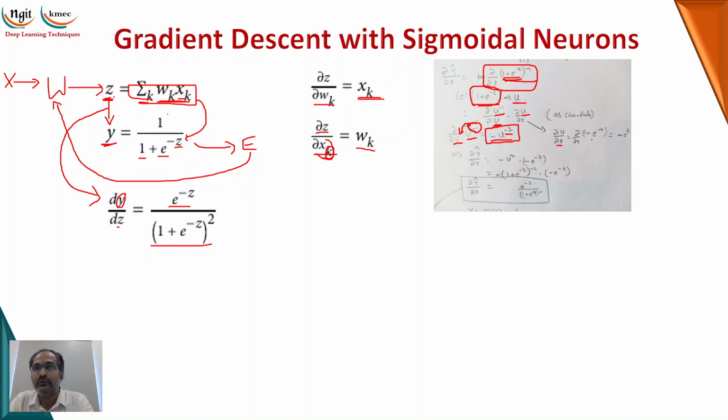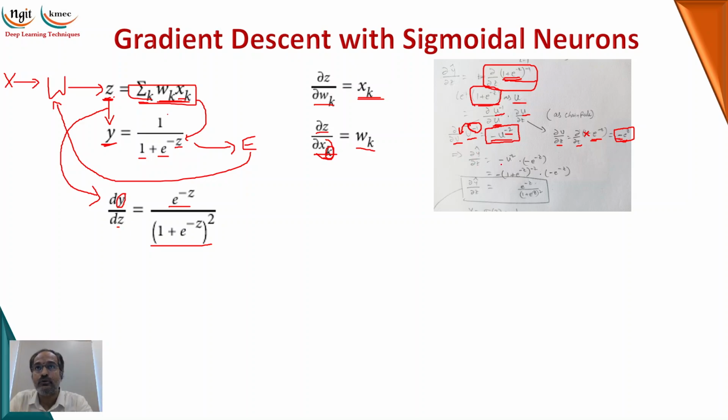Here only e^(-z) has the term z, so the ∂z will cancel. E^(-z) has the minus on top, so it comes down with the minus, and it becomes minus e^(-z). Now we have to substitute these two in our formula.